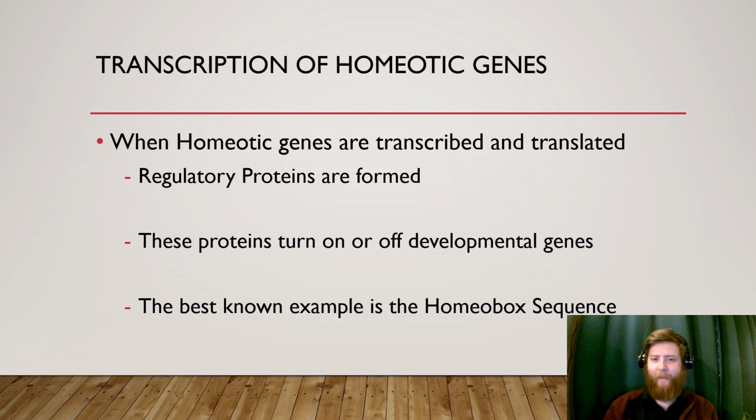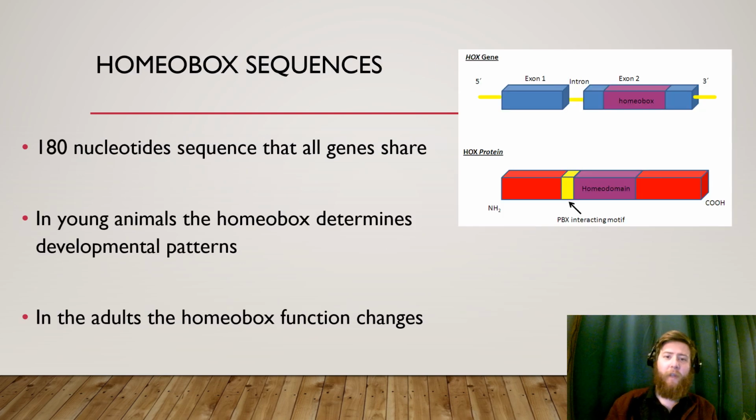The best example of the homeotic genes that we can talk about is the HOMEOBOX sequence. And the HOMEOBOX sequence here is 180 nucleotides that all these genes share. And in young animals, the HOMEOBOX determines developmental patterns. In adults, that changes and it turns into more regulatory. It turns into more like maturity and puberty and things like that.